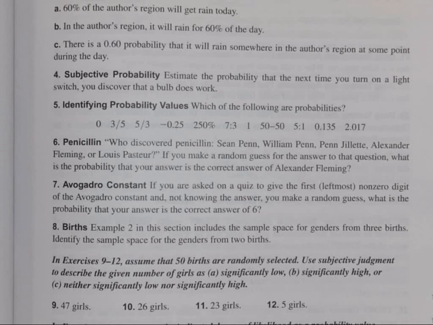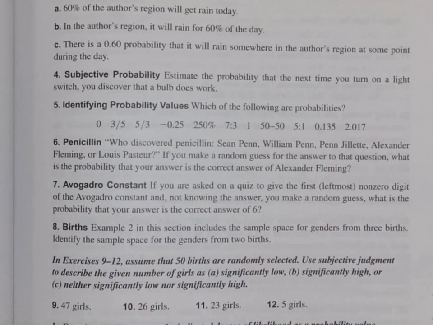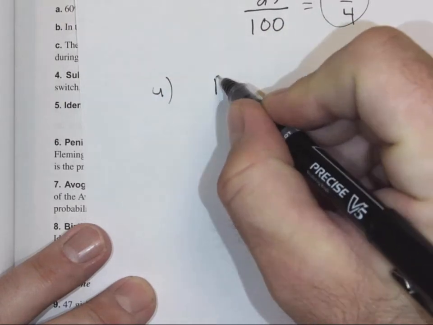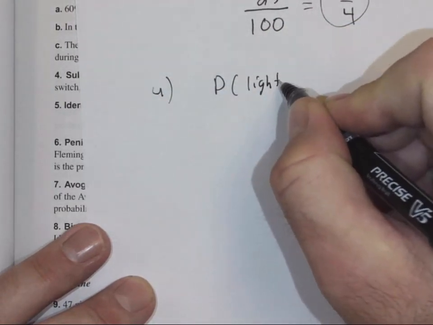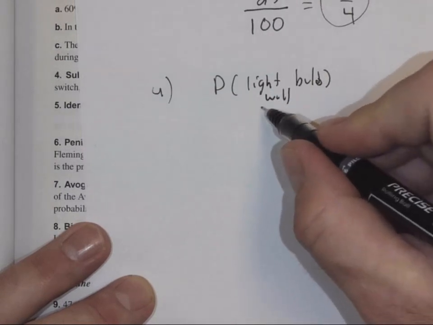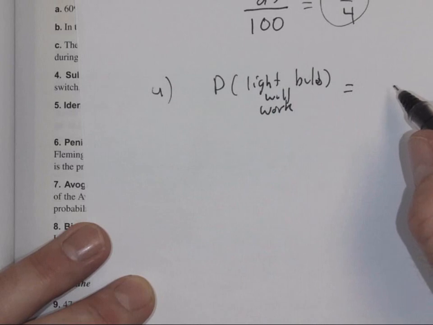So what was their answer? Their answer said that it will work. So it's almost 100% chance that it's going to work. You guys agree? So their answer was like 0.999. So they said, number 4, the probability that the light bulb will work, or turn on, is equal to, I'm going to give a number as close to 100% as possible without being 100%.